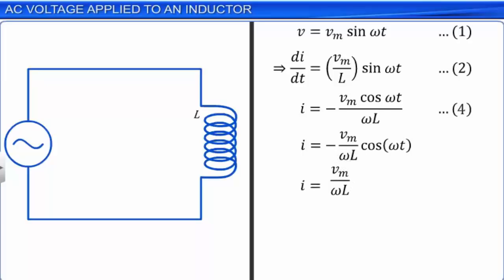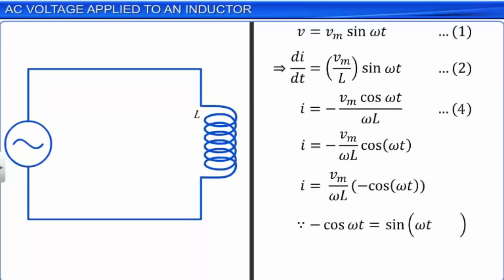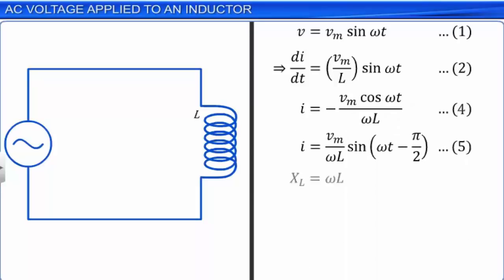Writing minus cos omega t as sin of omega t minus pi by 2, we get I equal to Vm by omega L into sin of omega t minus pi by 2. Let this be equation 5. Now we substitute omega multiplied by L with XL, which is known as the inductive reactance of the circuit.